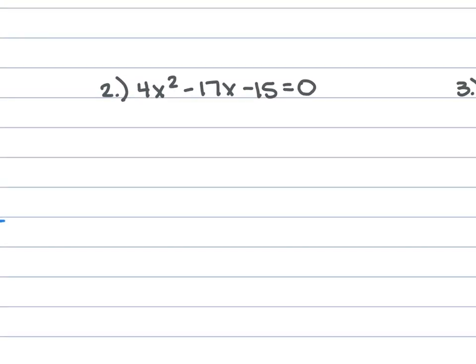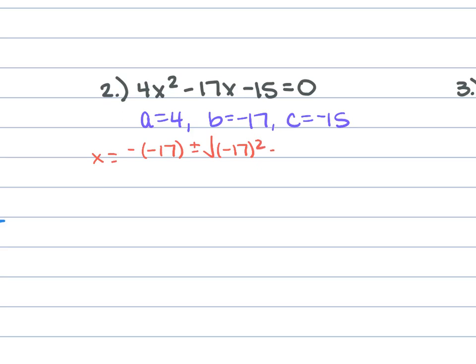For 2, we have 4x squared minus 17x minus 15 is equal to 0. So our a is 4, our b is negative 17, and our c is negative 15. So this is going to give us x is equal to a negative times negative 17 plus or minus the square root of negative 17 squared minus 4 times 4 times negative 15 all over 2 times 4.